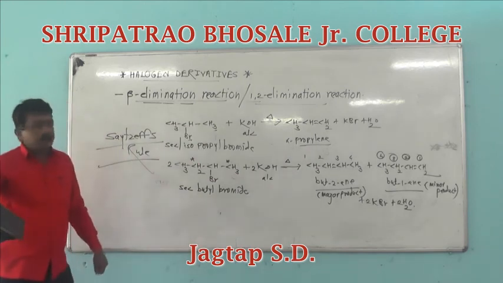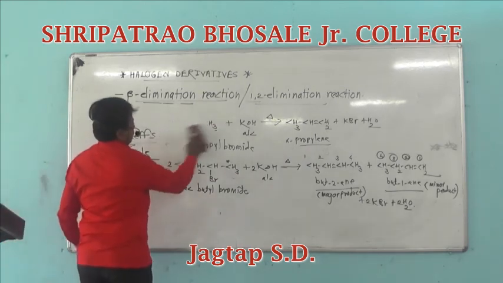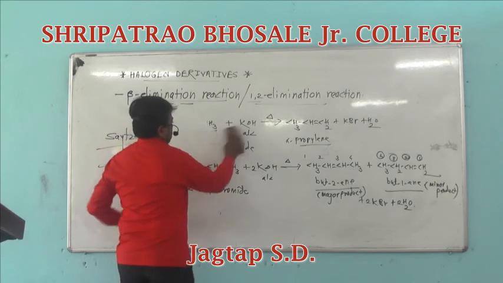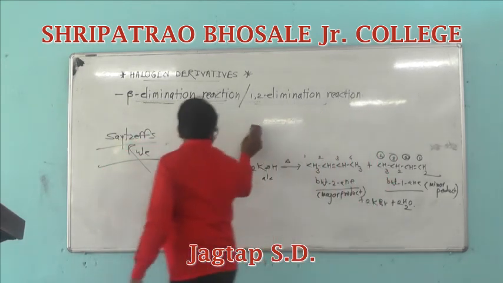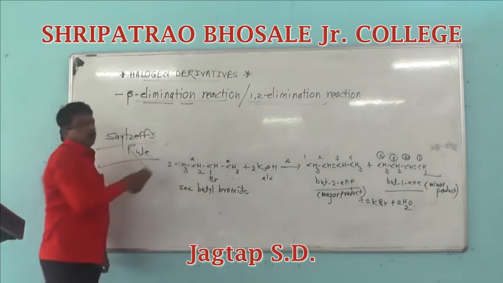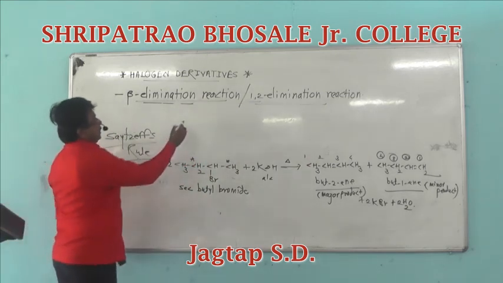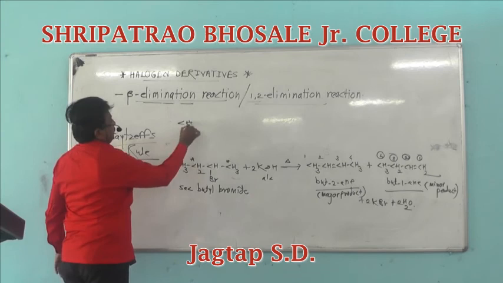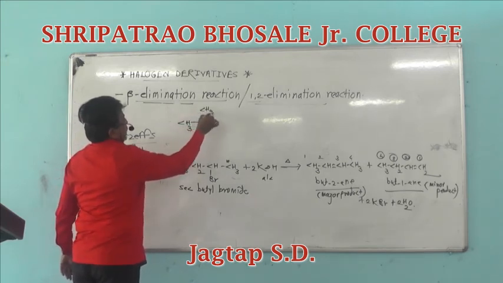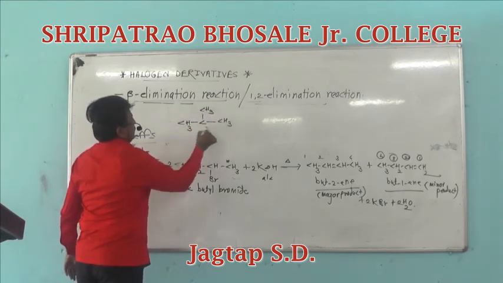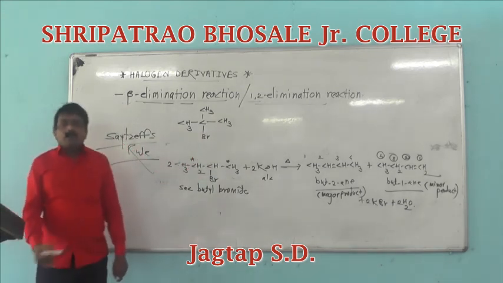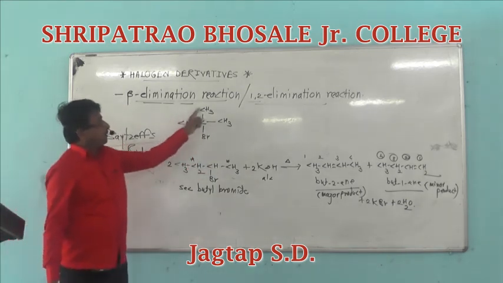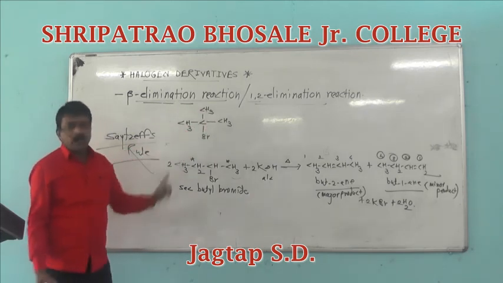The next reaction, tertiary butyl bromide. Tertiary butyl bromide, CH3, then Br. According to common system, write the name of alkyl group first attached to halogen atom.